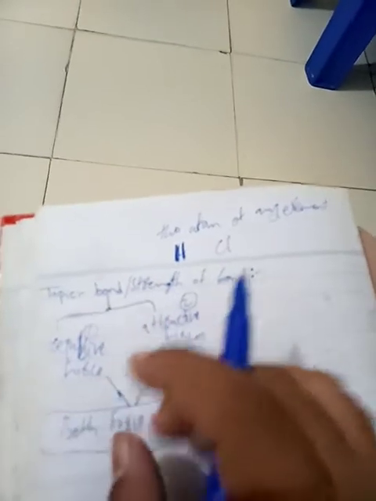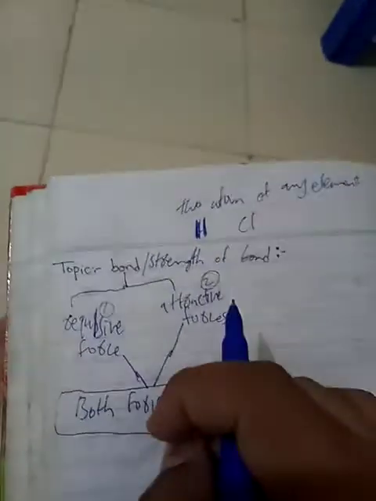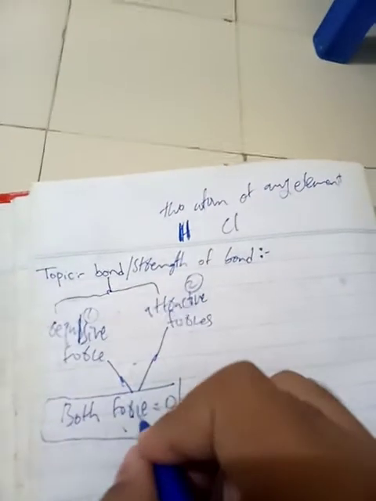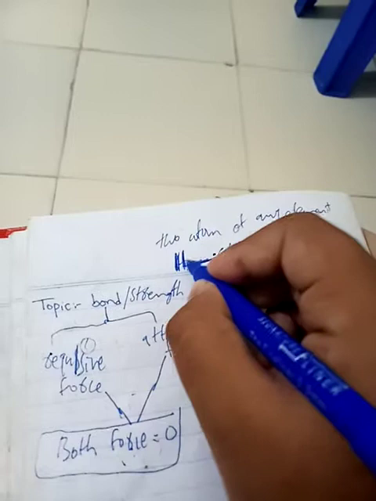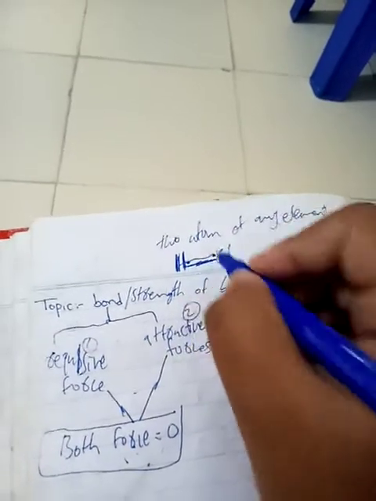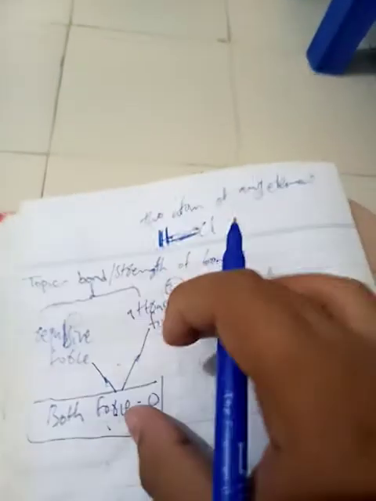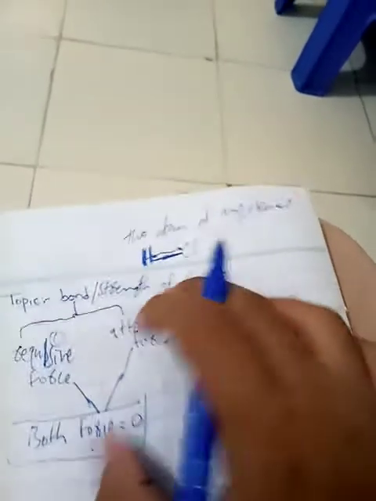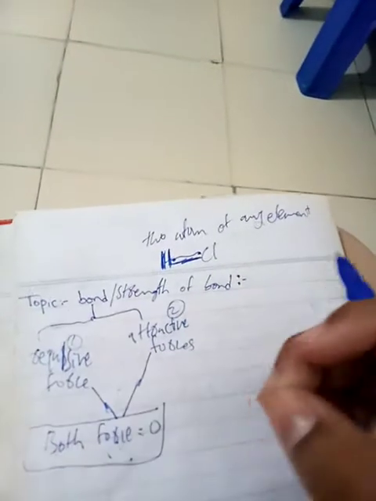So when they both bond to each other, there will be two forces, the repulsive force and the attractive force. Okay, so when these both forces become equal to zero, then the bond will form between these two. Then sharing of electrons will take place here. So this is the concept of the bond, how it forms when both forces become equal to zero.